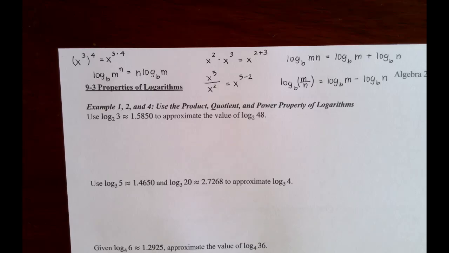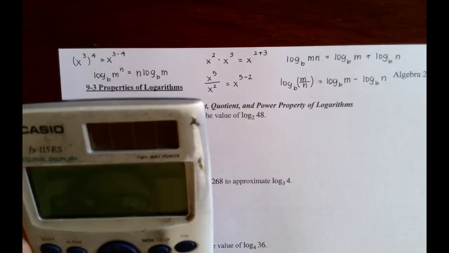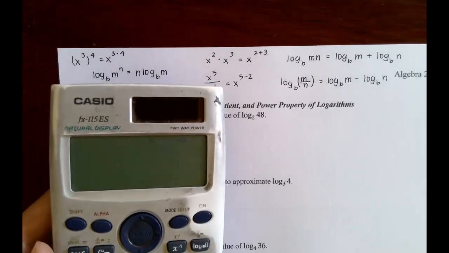Okay, so now let's apply these properties. So here I have log base 2 of 3 is approximately 1.5850. Here we're not going to be using calculators in this lesson except for our word problems, because I want you to learn these properties of logs and how to use them, versus some of our calculators, which are quite powerful and allow us to change the bases and all that other stuff.